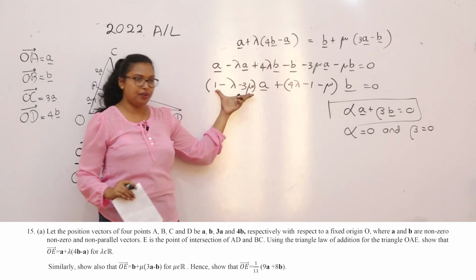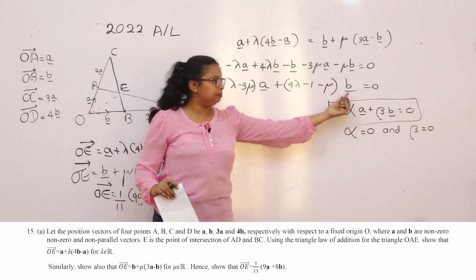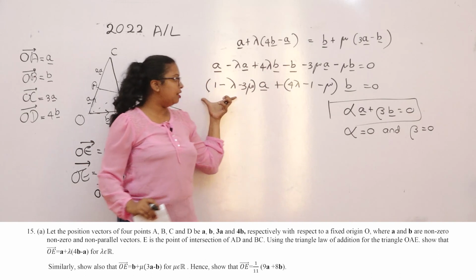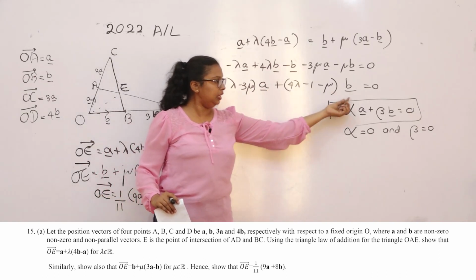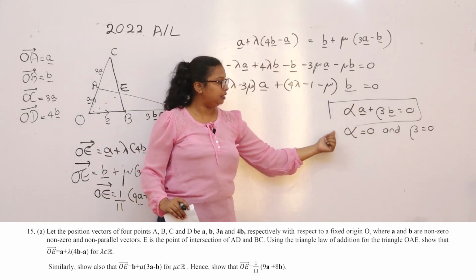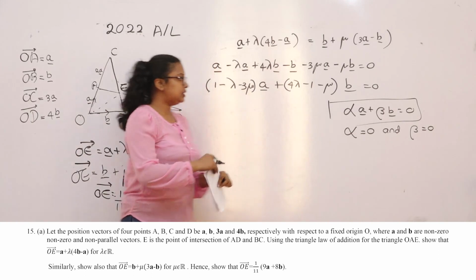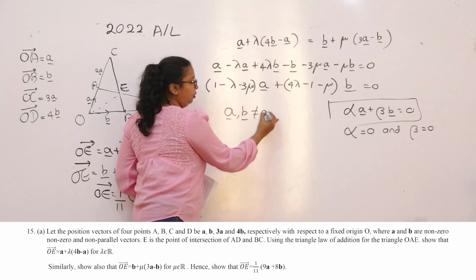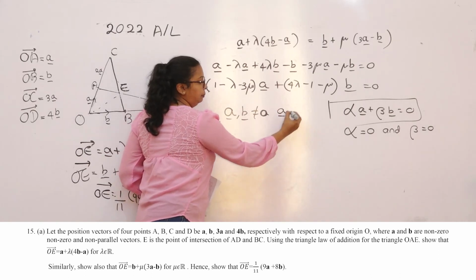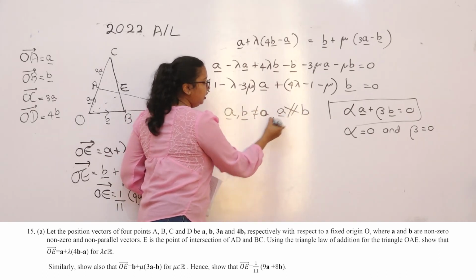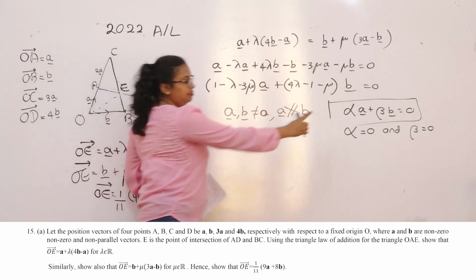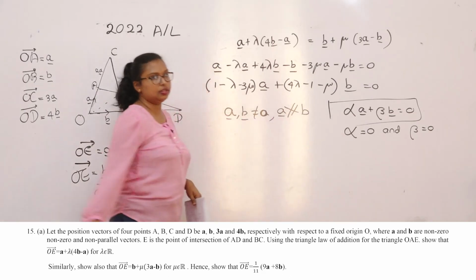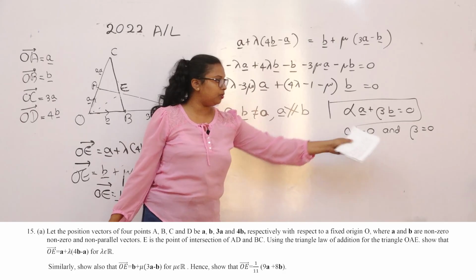This is our alpha A plus beta B equals 0. If we can satisfy this condition, A and B are not equal to 0 and A and B are not parallel, right? Then what can we write? Alpha equals 0 and beta equals 0.